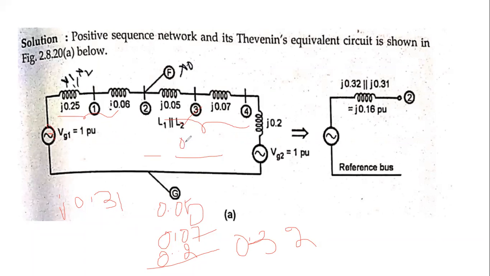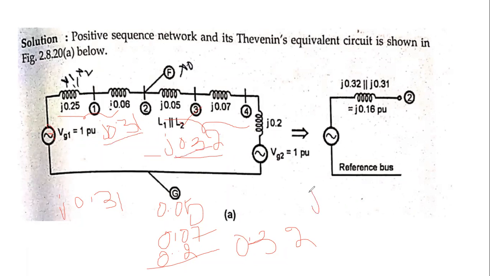Its value is J0.32 and its value is J0.31. Therefore, these two reactances are connected in parallel.